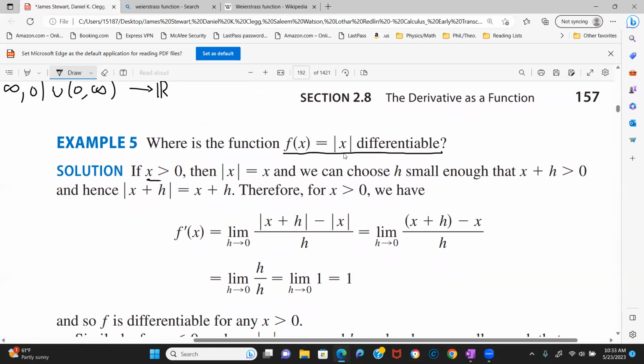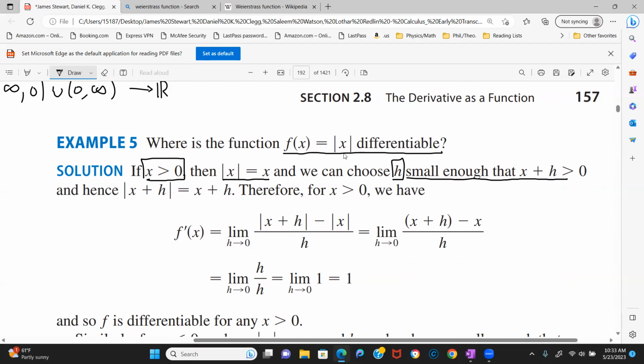So we're going to take x to be a little bit bigger than zero. We're going to compute the derivative at a point to the right of zero. If you take x to be positive, then the absolute value of x is just going to be x. And then you can take h small enough, because remember, we want h to go to zero, so we can just take it small enough so that x plus h is positive.